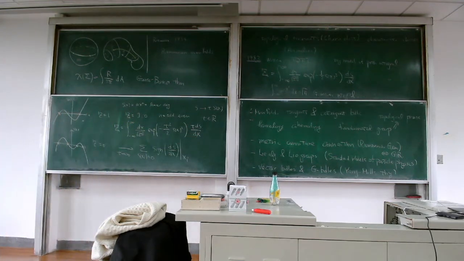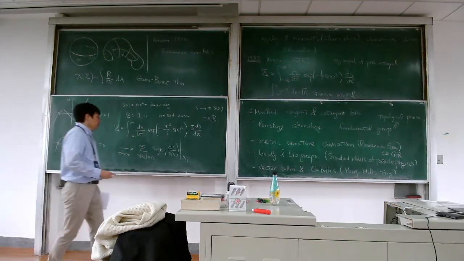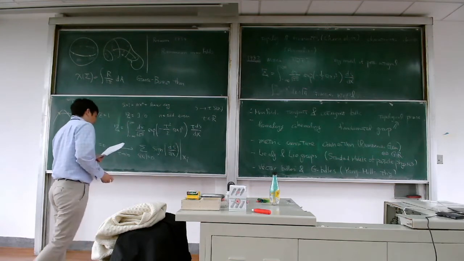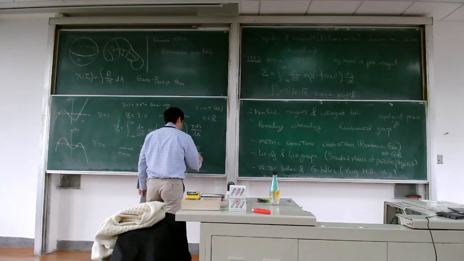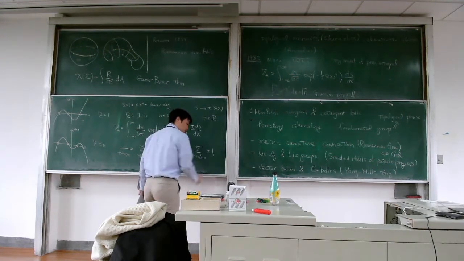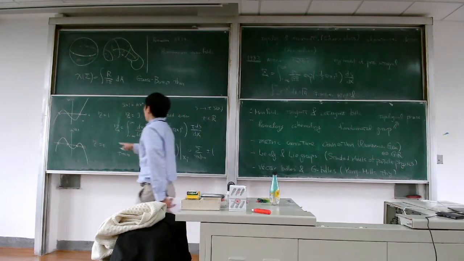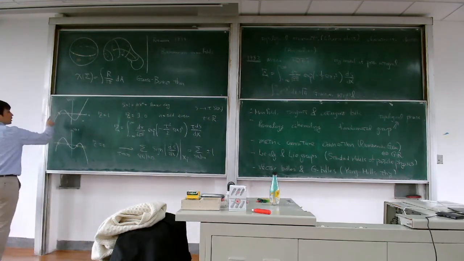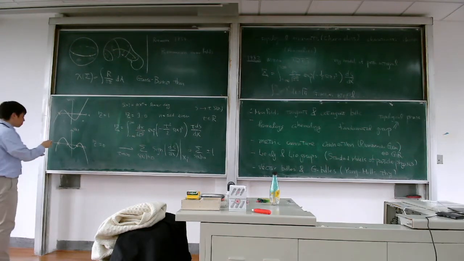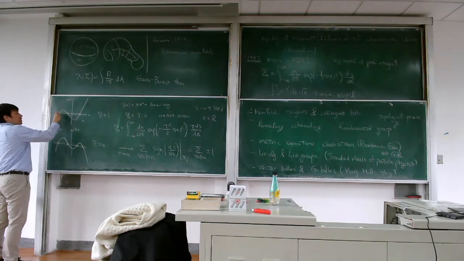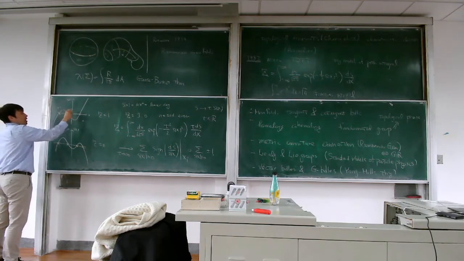Once you take t goes to infinity, this is the sum over s of x_i equal to 0 of plus or minus 1. So for these cases, ds over dx gives plus 1 and minus 1 and plus 1.